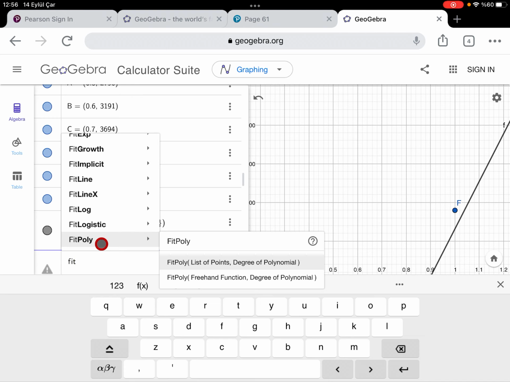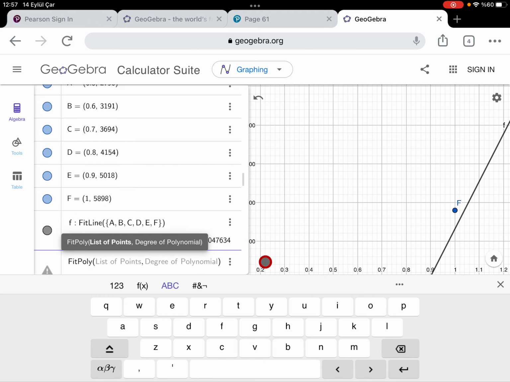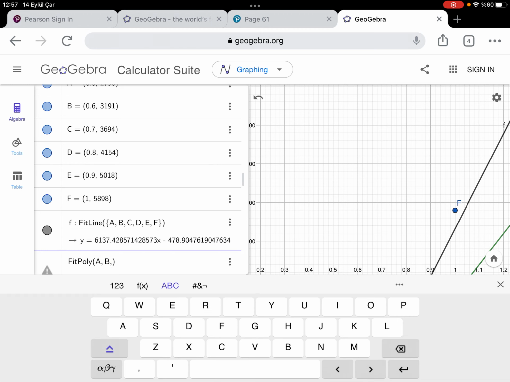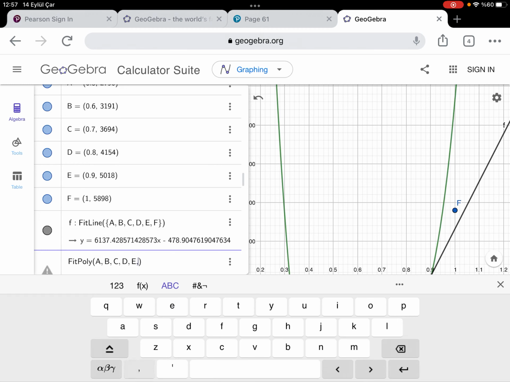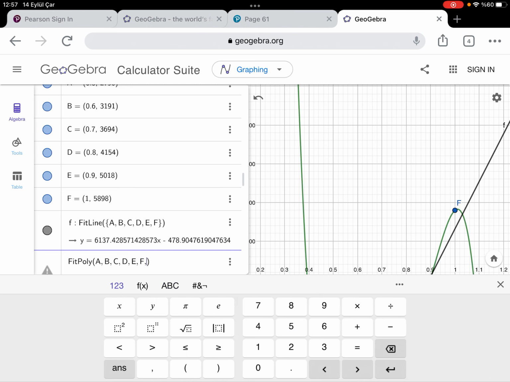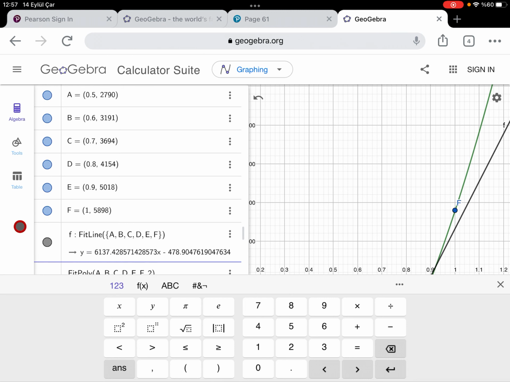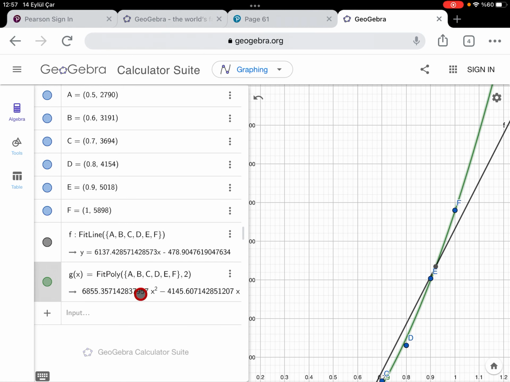The quadratic function is the polynomial with degree 2. So by writing the list of the points, putting a comma and writing the degree as 2, you can find the quadratic approximation. So A, comma, B, comma, C, comma, D, comma, E, comma, F, and we should write the degree. Degree is 2. So this is the second degree approximation, quadratic approximation, quadratic regression for the data.